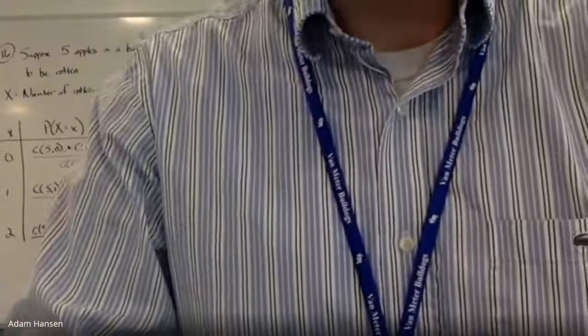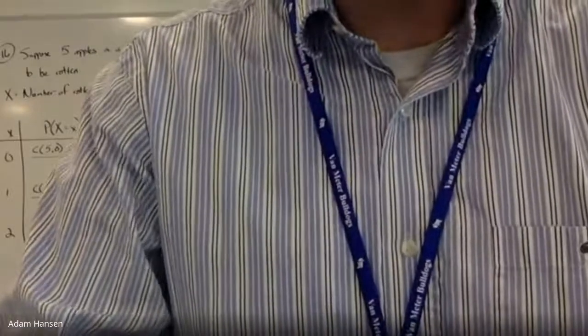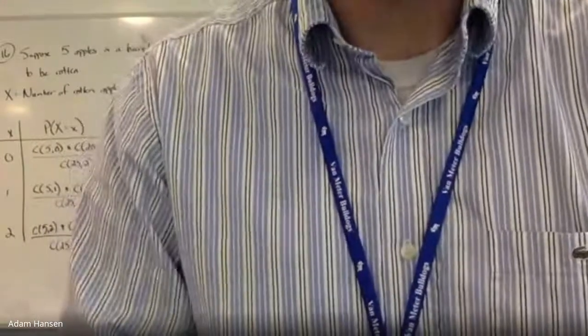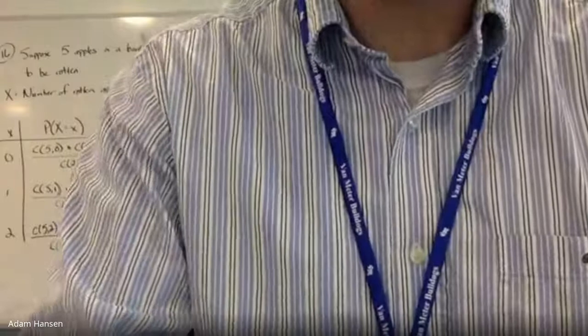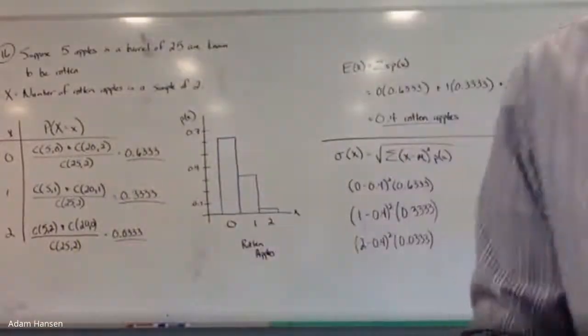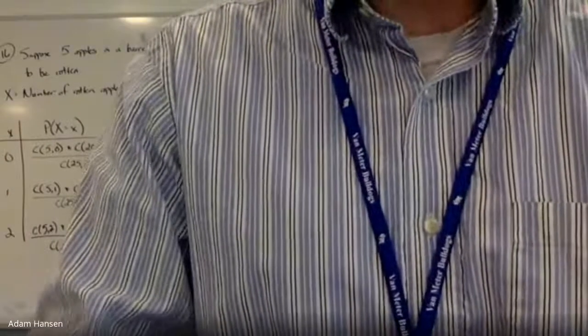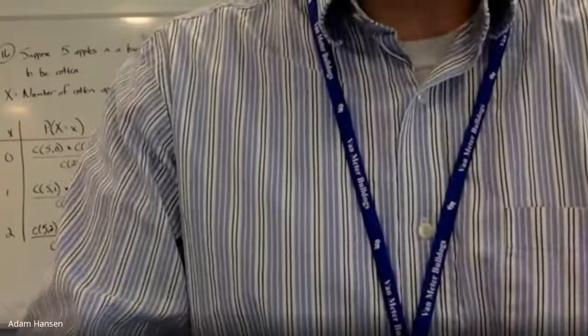So let's go on to the calculator and add all these up. 0 minus 0.4 squared times 0.6333. I'm going to add that with the next option, 1 minus 0.4 squared. And that happens 1/3 of the time.